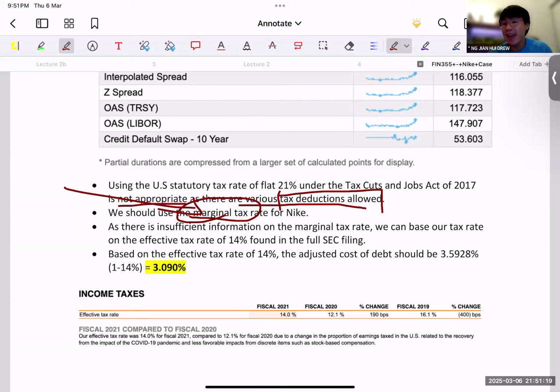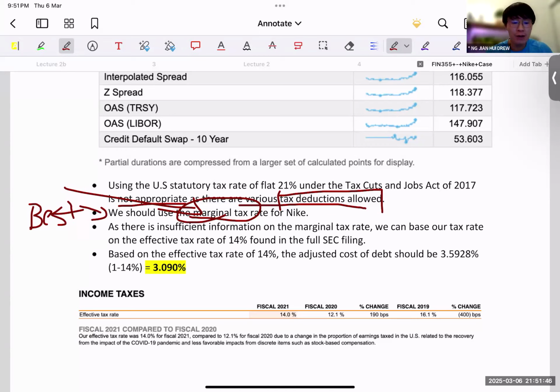Now, even in a flat scenario, even a flat 21% or 17% scenario, your marginal tax rate might be different because of your tax deduction. Sometimes the more you incur, you get a bit more rebates, and therefore your marginal tax rate might be different. So in this sense, the best method is to use marginal tax rate.